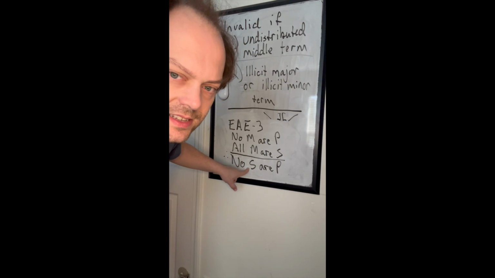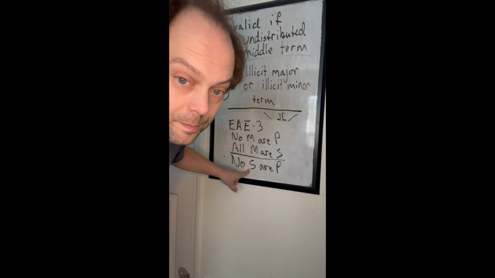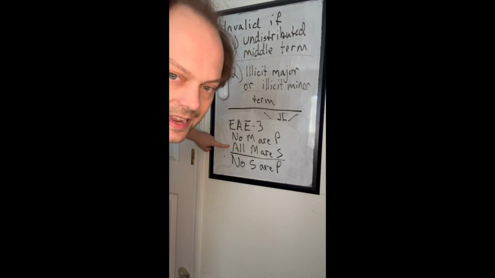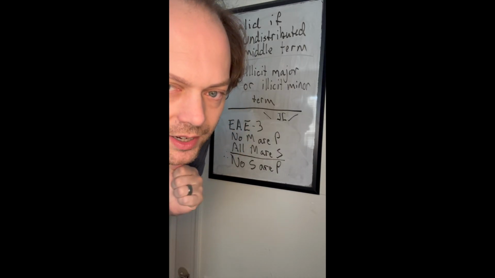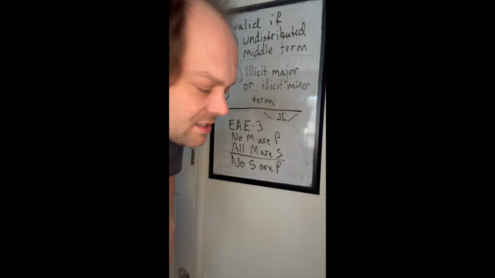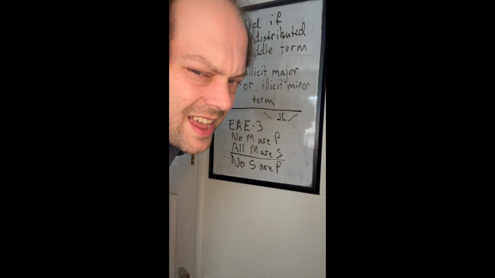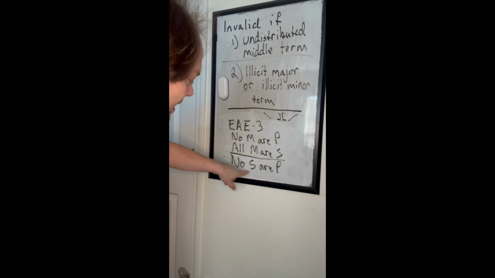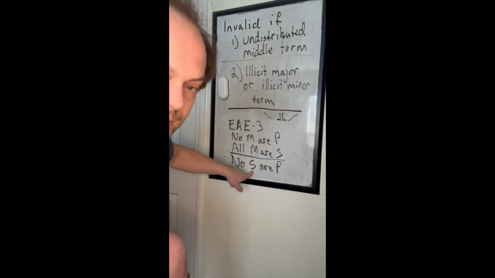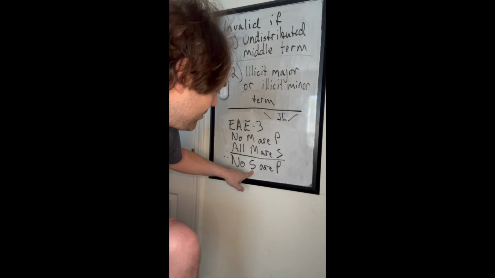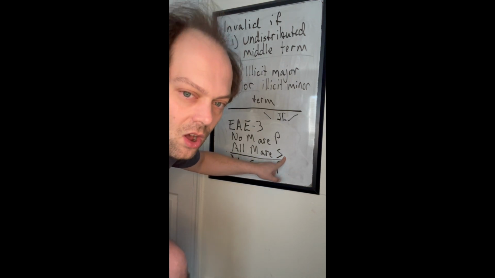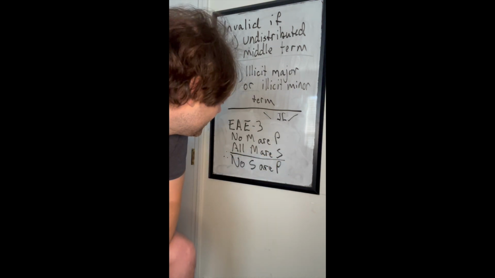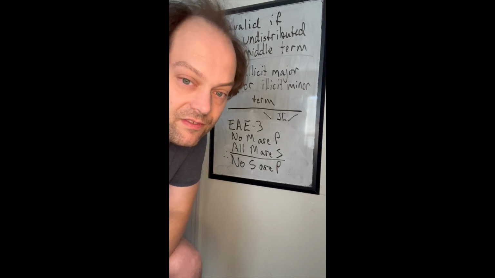So because the minor term, S, belongs in the second premise, right? It's the minor term. That terminology is arbitrary, but keeping it straight keeps us talking about the same things. I know that arbitrary things are harder. But the minor term here is distributed in the conclusion, but we never said anything that applies to all the S's. So that's the problem. That's the violation.